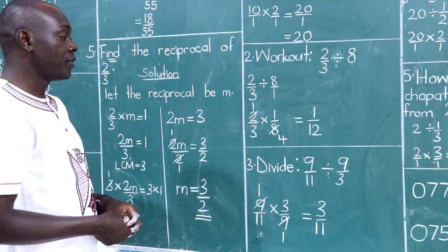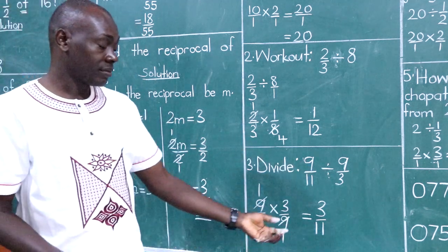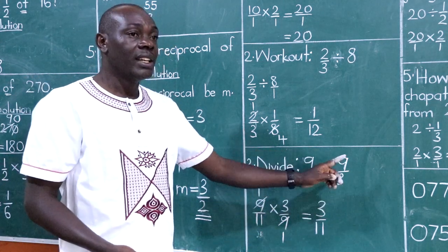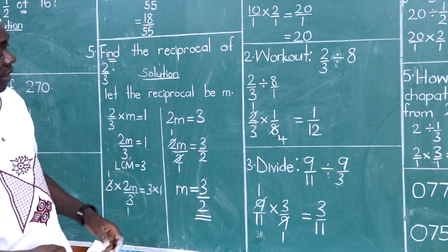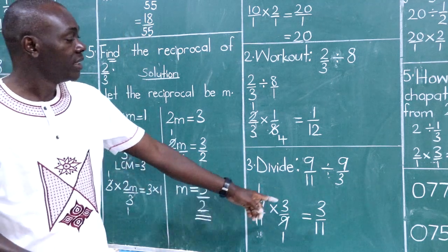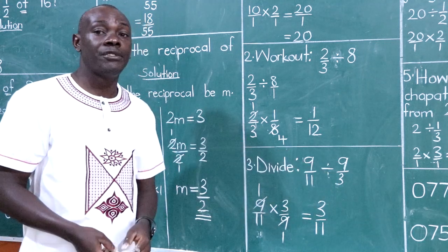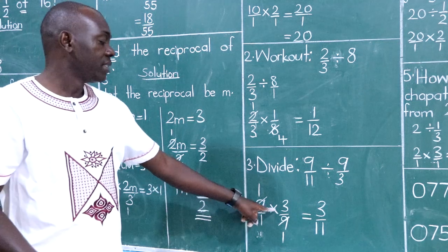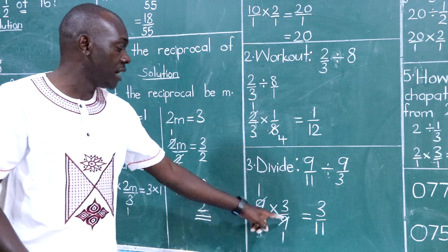The task ahead of you is to change division into multiplication and reciprocate 9 out of 3, meaning let it be 3 out of 9. The first one remains the same, 9 out of 11, and the division changes to multiplication, and then the divisor is reciprocated. Get 9 out of 11 times 3 out of 9. The 9 out of 3 becomes 3 out of 9.